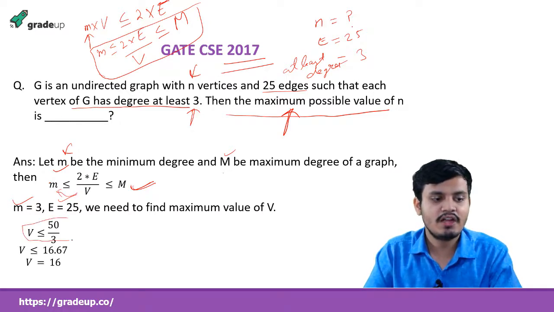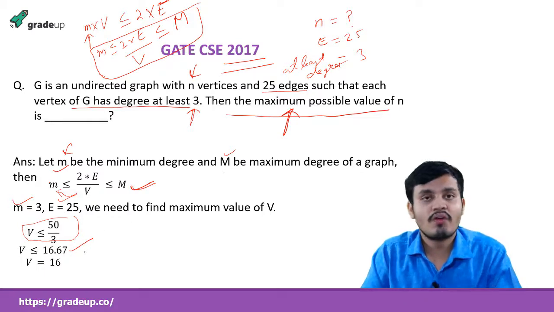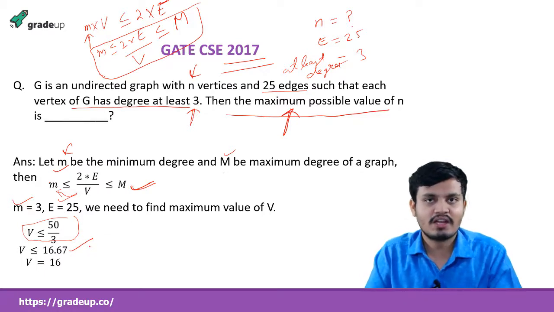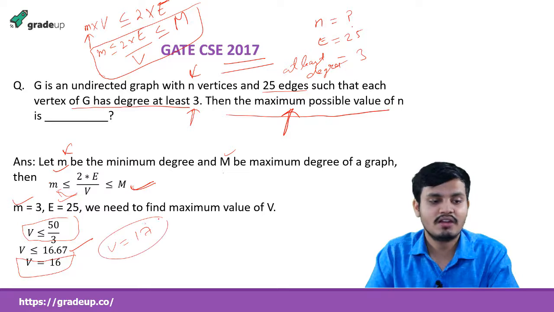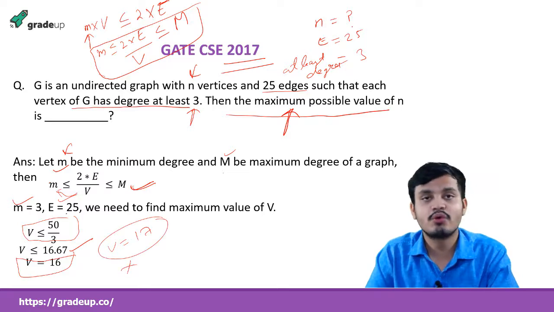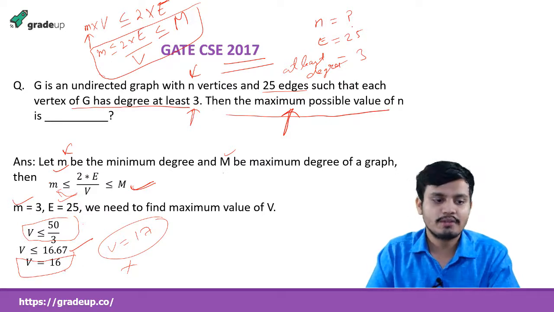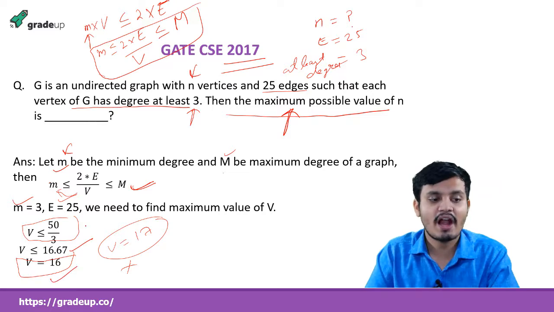We get v less than or equal to 50 upon 3. But we cannot have a vertex in fraction. A vertex should be complete. So we get v is equal to 16. Why not v is equal to 17? That is not possible, because it should be less than or equal to 50 by 3. Okay. So v is equal to 16 is the right answer. That is the maximum possible value of n.